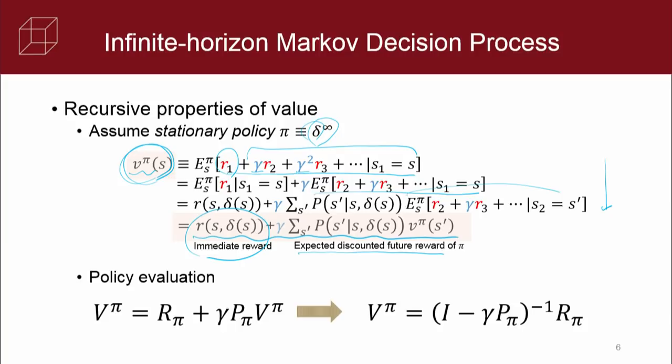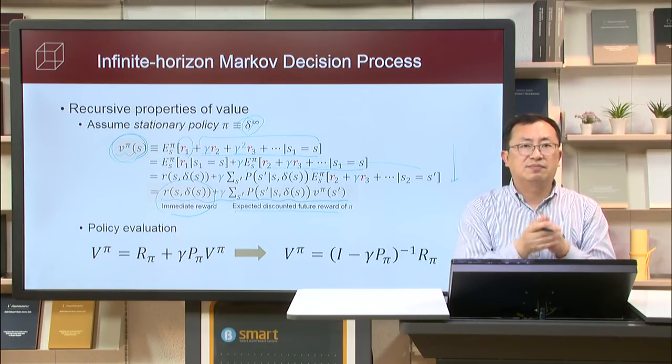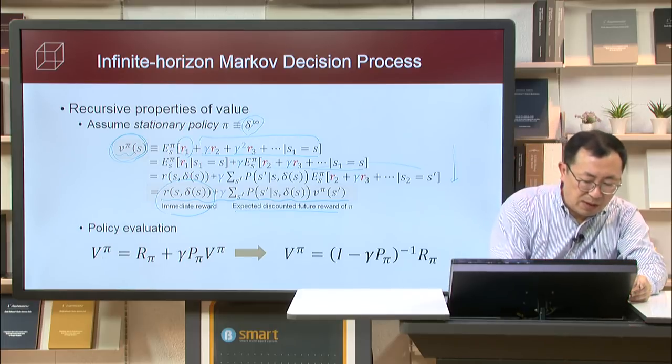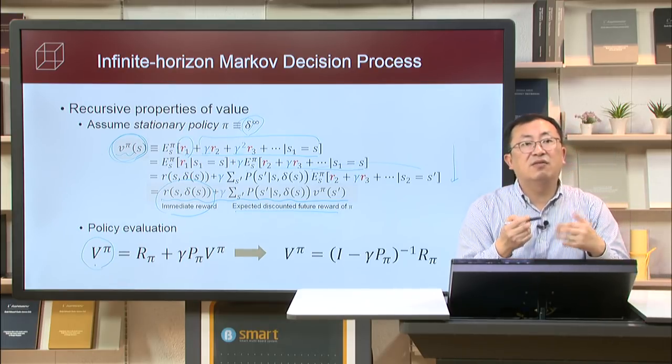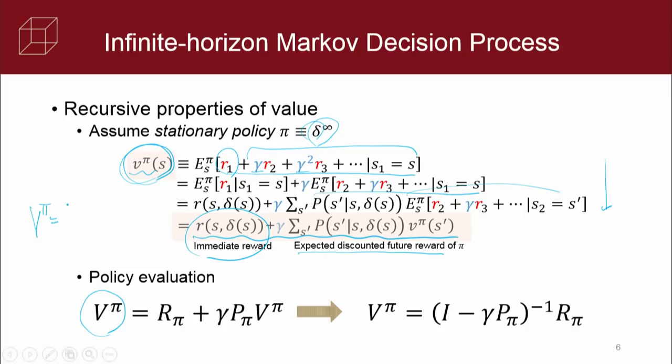And we can express this recursive relationship with matrices or vectors. So V pi is a vector whose elements are the value of pi for each state.